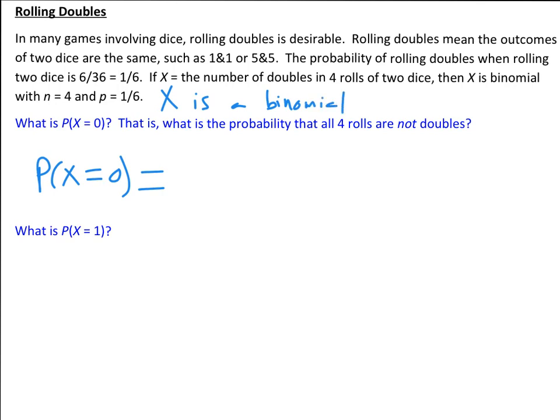that simply, eventually we'll get really, really intensive with the calculator, but X is a binomial, n is 4, and p is a sixth. Okay? So all 4 rolls, no doubles. Okay?